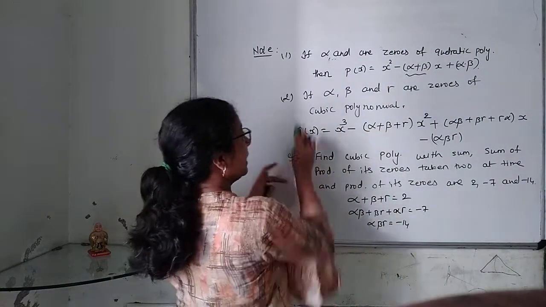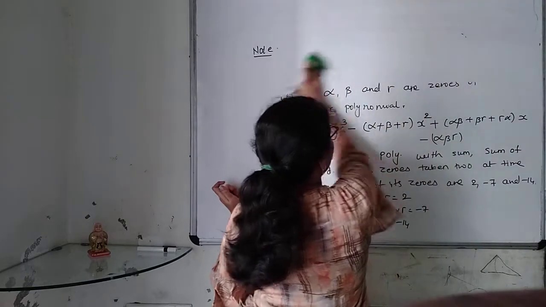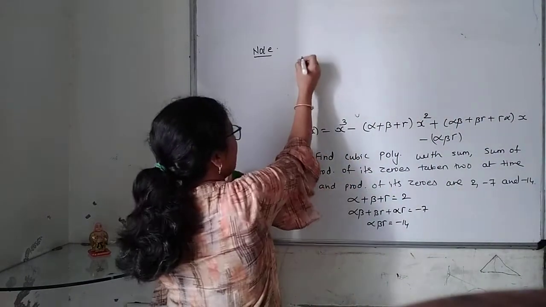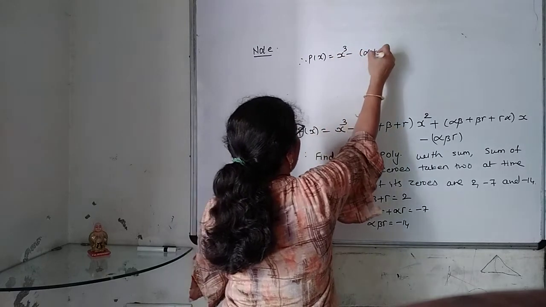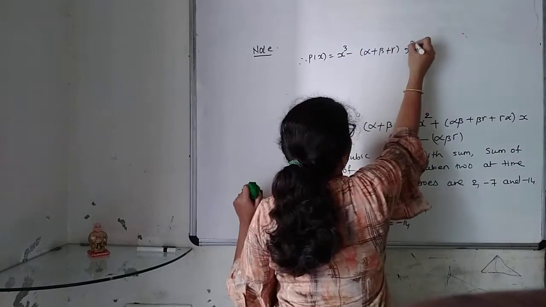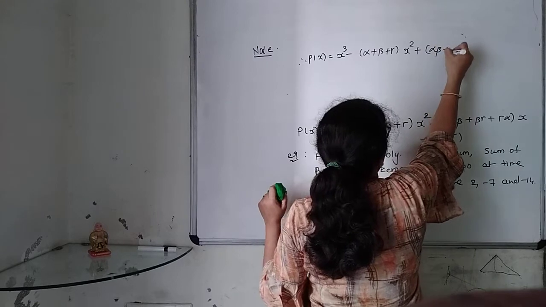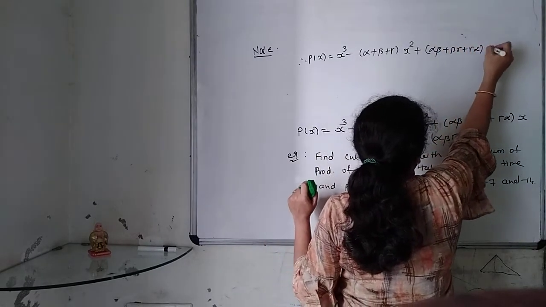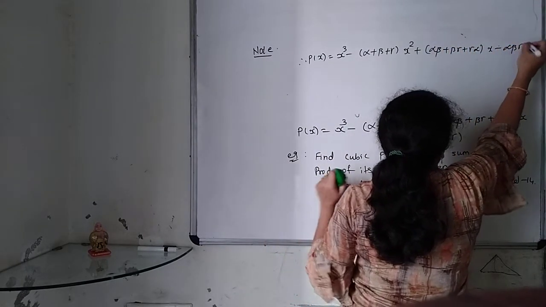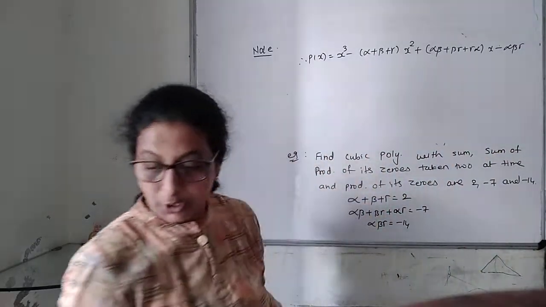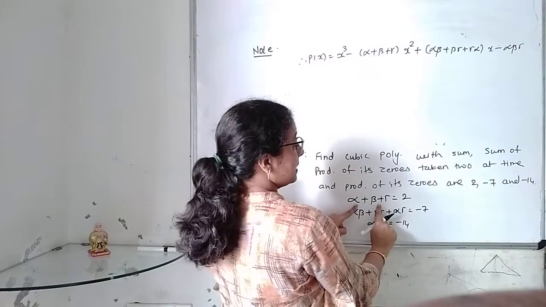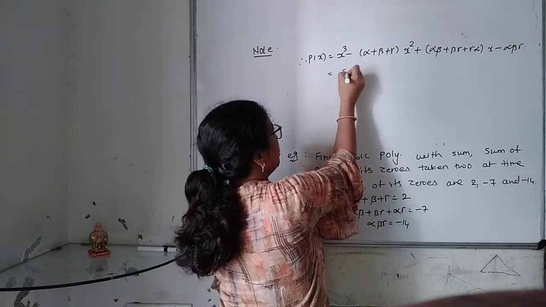इसमें हम क्या करेंगे? We'll write the values of the alpha plus beta plus gamma. Therefore, p of x equal to x cube minus alpha plus beta plus gamma x square plus alpha beta, beta gamma and gamma alpha x minus alpha beta gamma. This is our formula to write to find the cubic polynomial. So here the alpha plus beta plus gamma is 2.